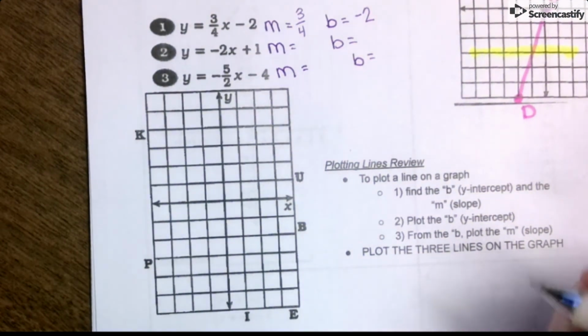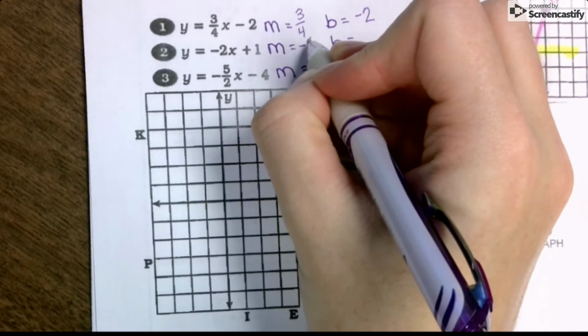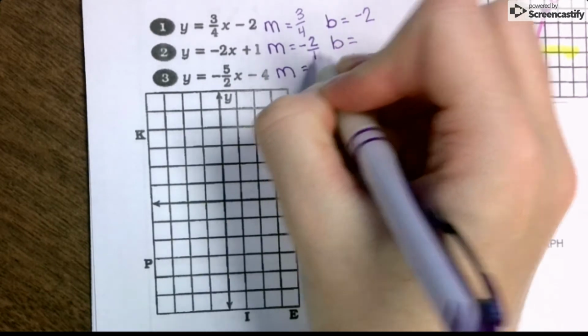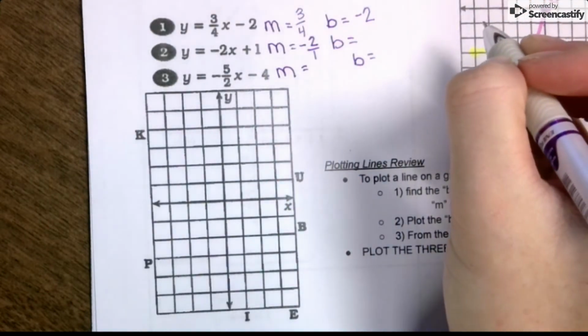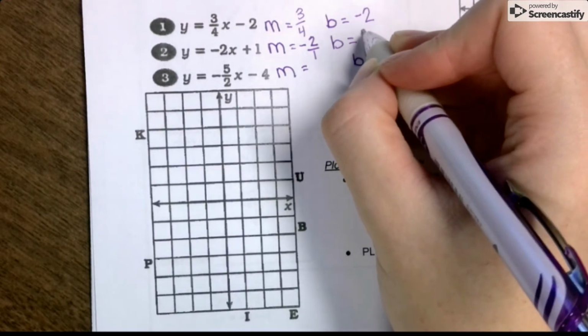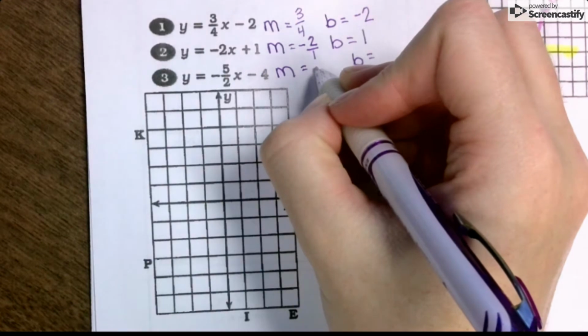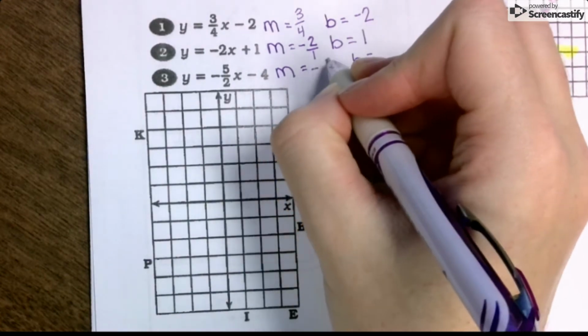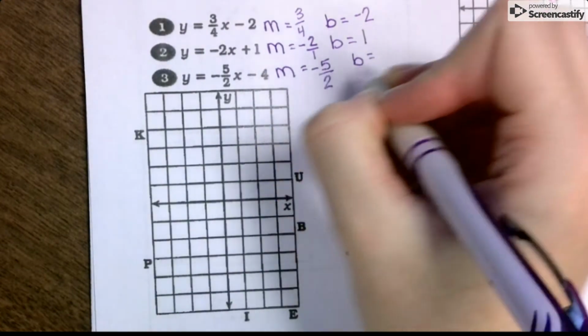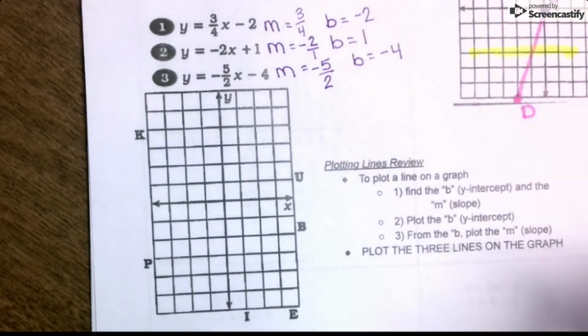And the second one, what is our M? -2. And I'm going to put it over 1 because it's slope, and I'm going to have to graph it. And my B is +1. My M for number 3 is -5/2, and my B is -4.